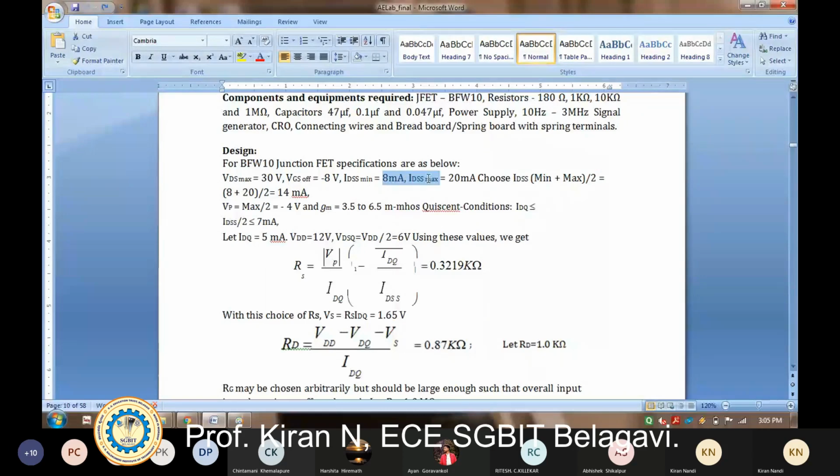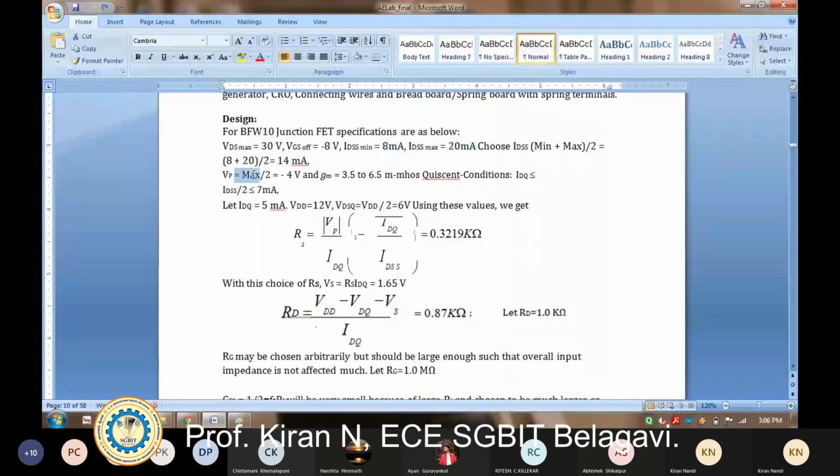So you will be getting the total IDSS value as 14 milliampere. So VP is the peak voltage, which is maximum divided by 2, that is given as 4 volt, and GM is the transconductance.